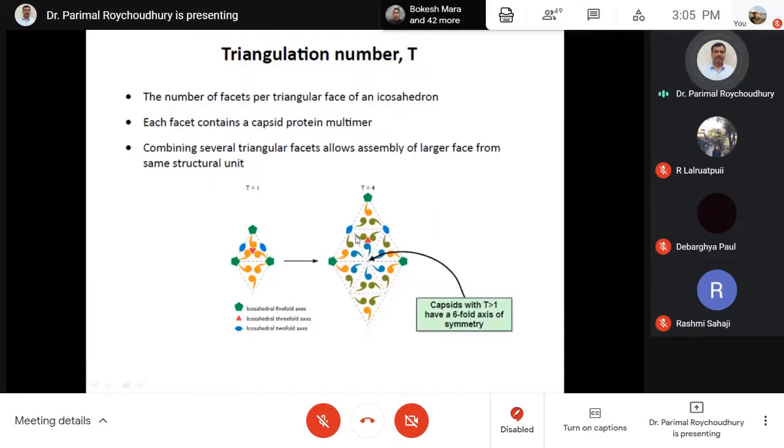Depending on the number of facets, it is described as a triangulation number. This is an example of T4. Triangulation number 4 means 4 different facets are present within one triangular face.